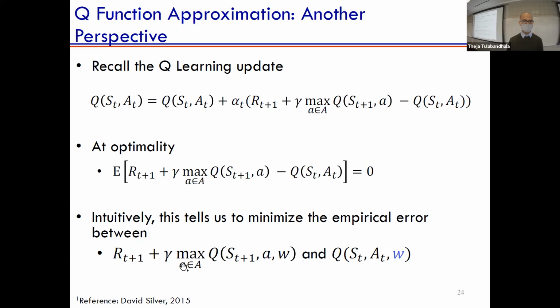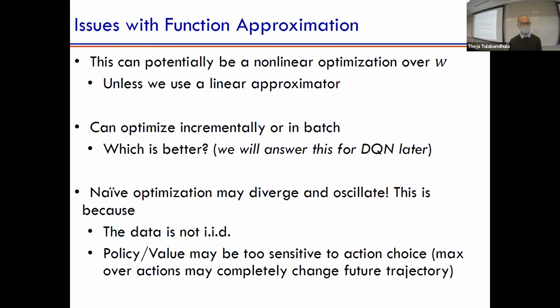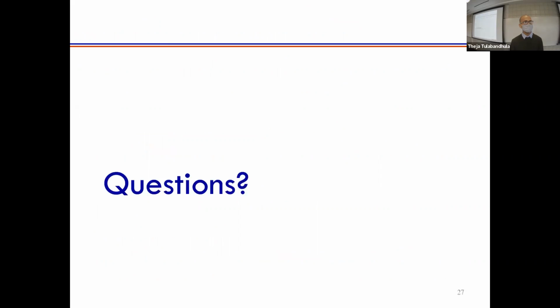If A is not the max, but some other A prime is the max, then the number can jump quite differently. So those are some aspects, and we'll see how they're fixed in the example DQN algorithm. Any questions here?